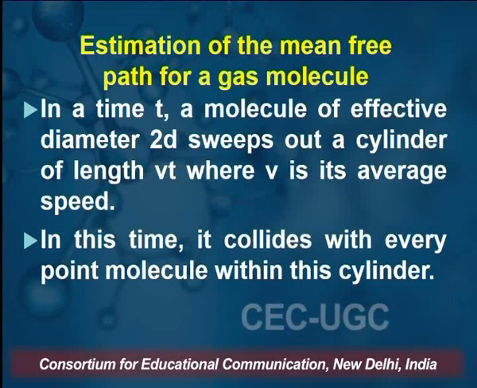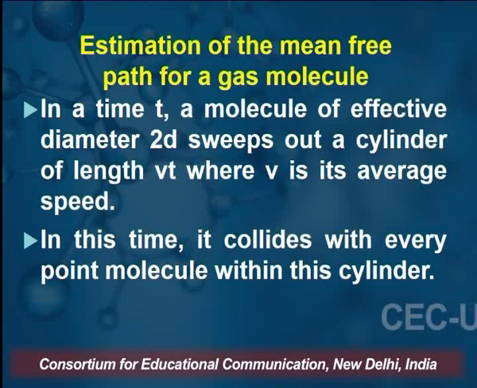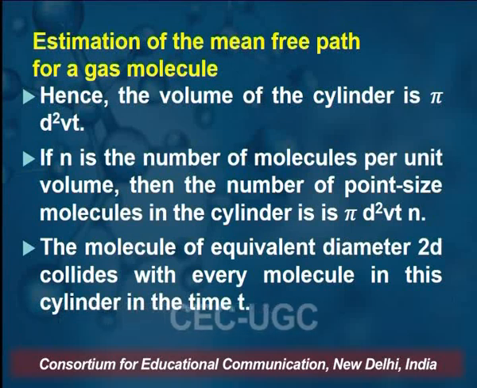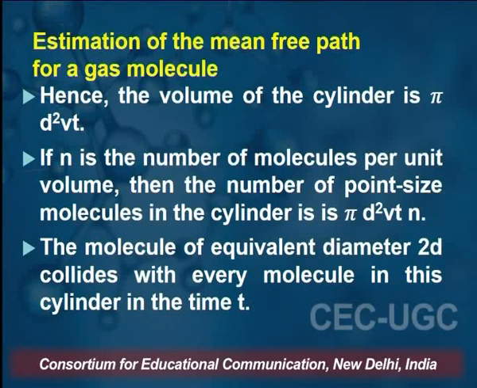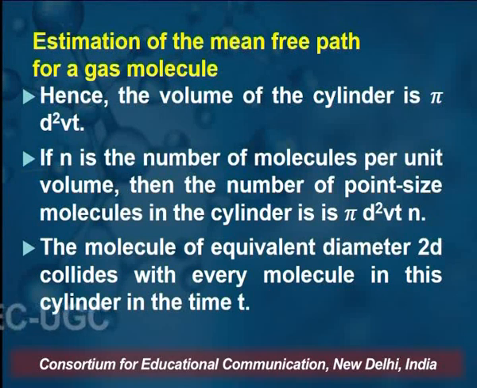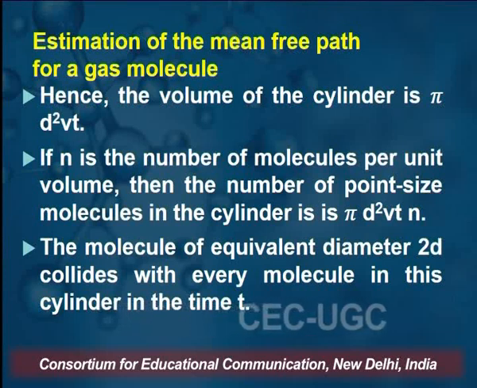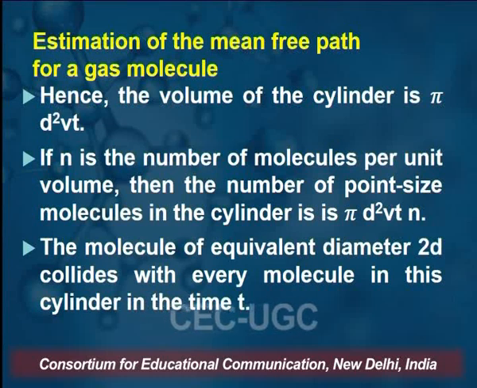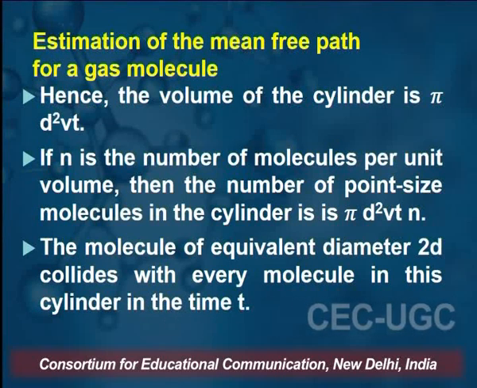In this time, it collides with every point molecule within the cylinder. Hence, the volume of the cylinder is pi d square vt. If n is the number of molecules per unit volume, then the number of point size molecules in the cylinder is given by pi d square vt into n.